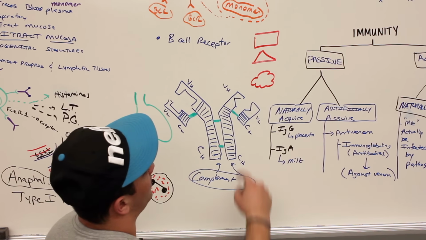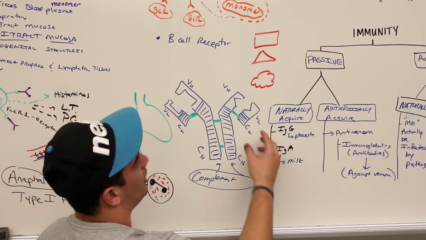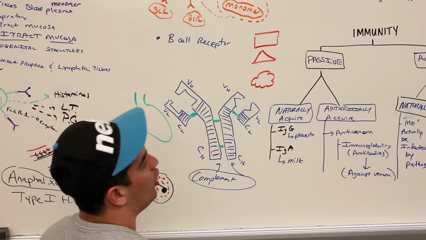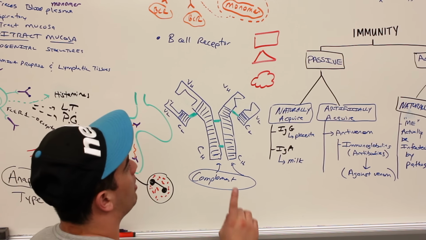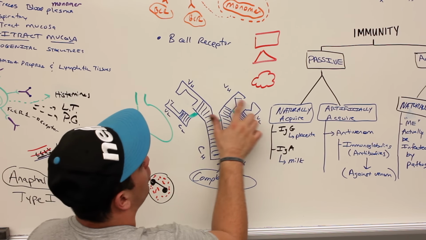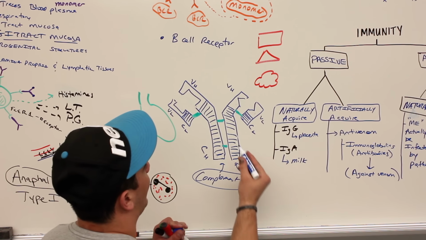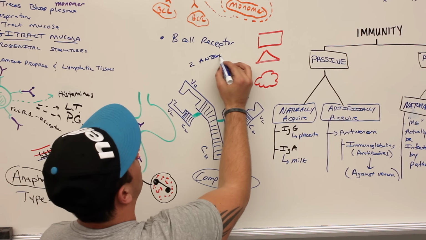That is the purpose of these variable heavy chains and variable light chains, that they can undergo recombination to make different structures to accommodate these different types of antigens, which makes them good for binding onto foreign invaders, right? Plus, if you think about it, I have 2 binding sites here for one antibody. So this technically has 2 antigen binding sites.